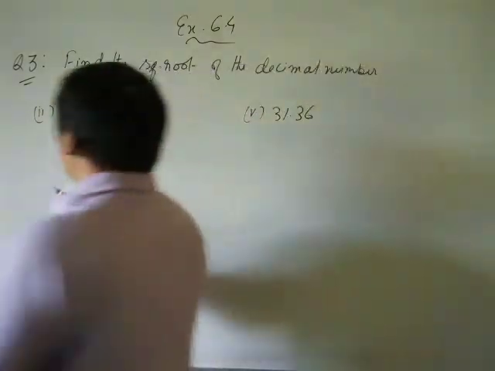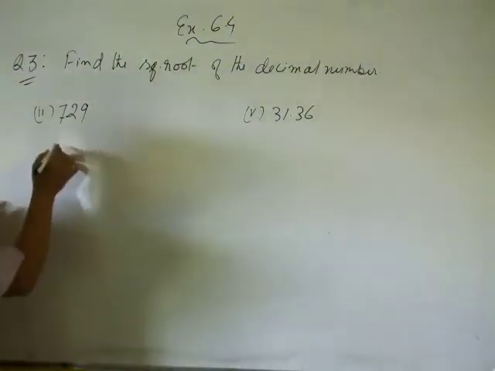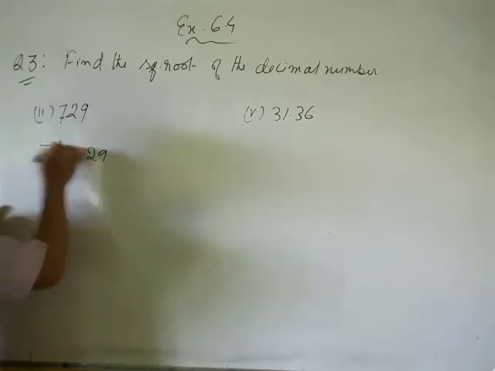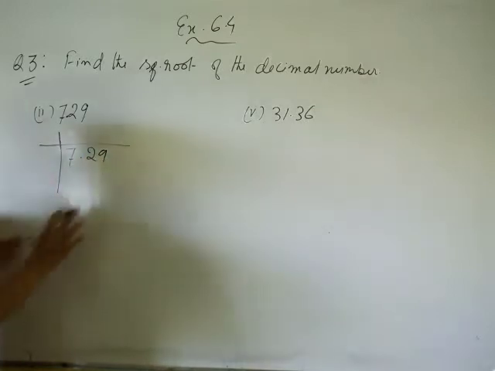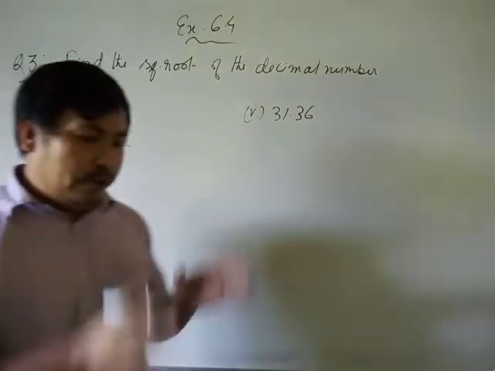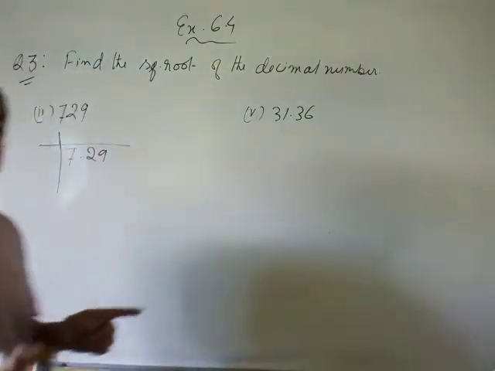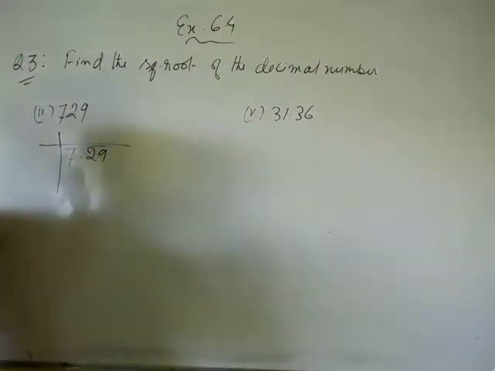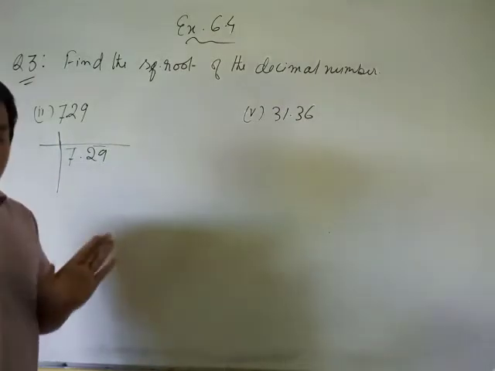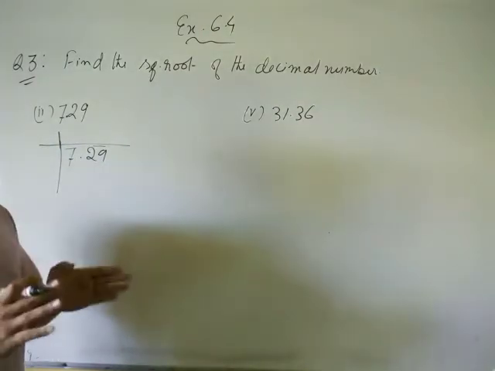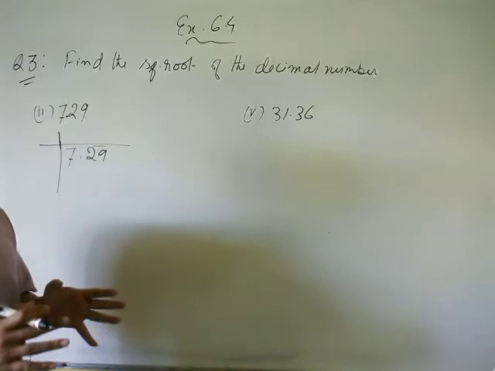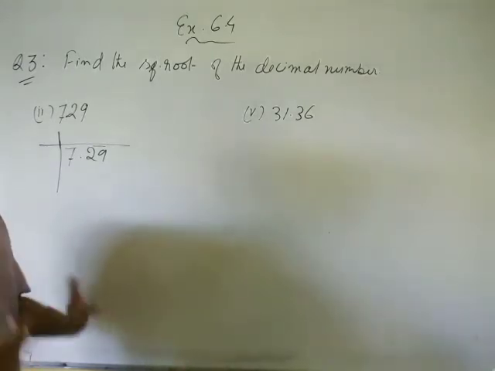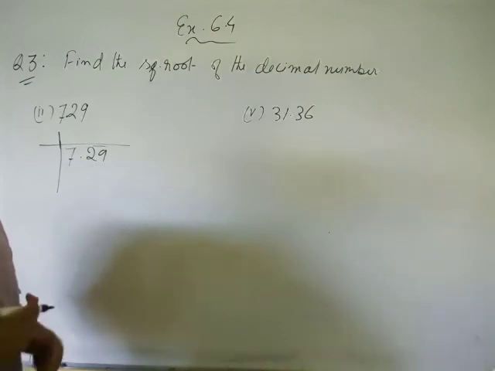Yes. Here first, 7.29, stuff like this. So here also we will pair the numbers, we will group the numbers. Start from here, this 2 and this 7. Single will be single, 7. We are going to find out which square number this 7 is near. 4 is a square number, 9 is a square number.